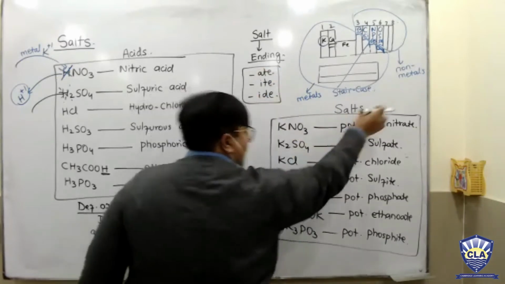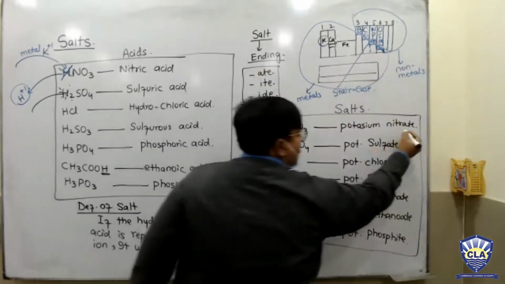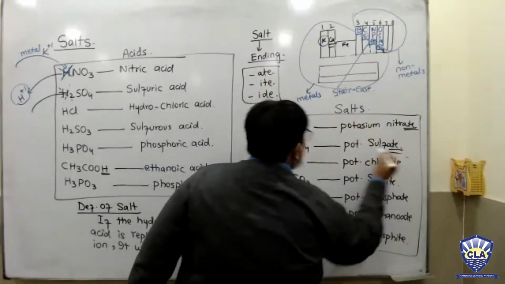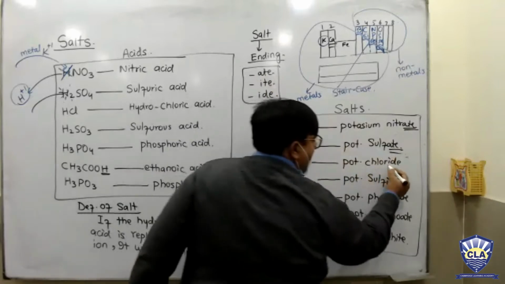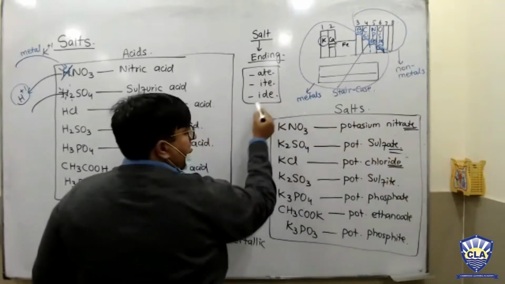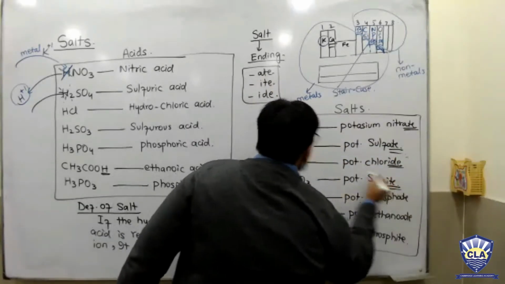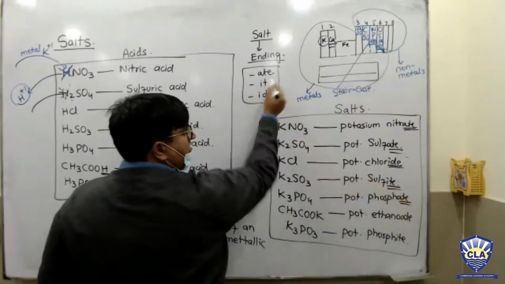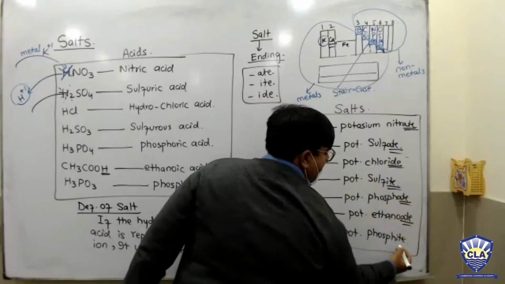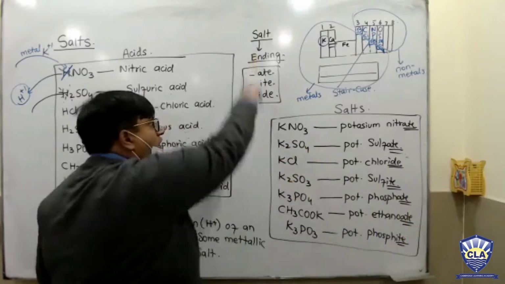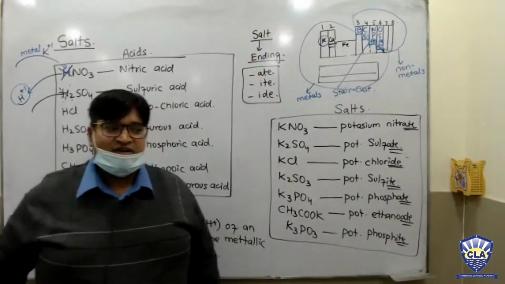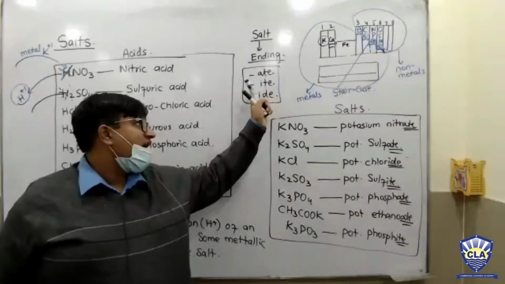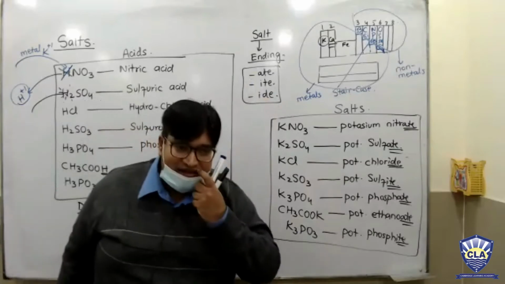If you look at these names, this is ATE, ATE, ATE, ATE, IDE, IDE, ITE. This is ATE. This is ITE. So all the salts, my dear, are going to have their ending in the words ATE, ITE and IDE.